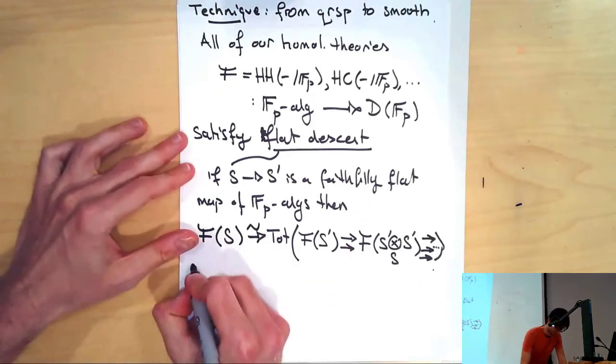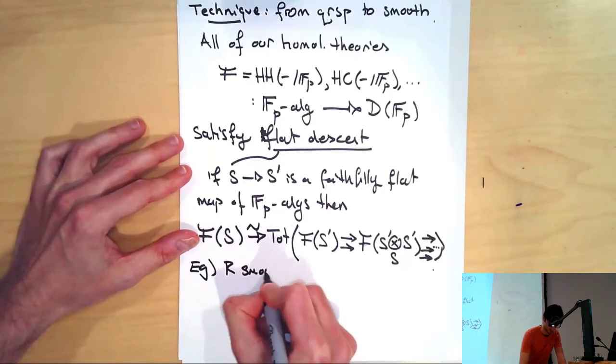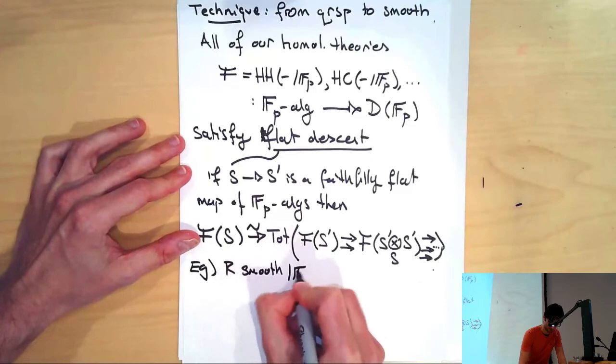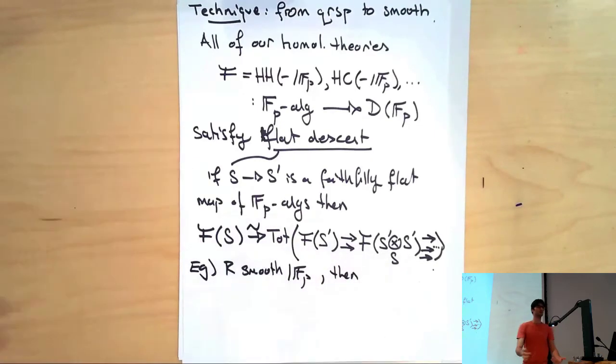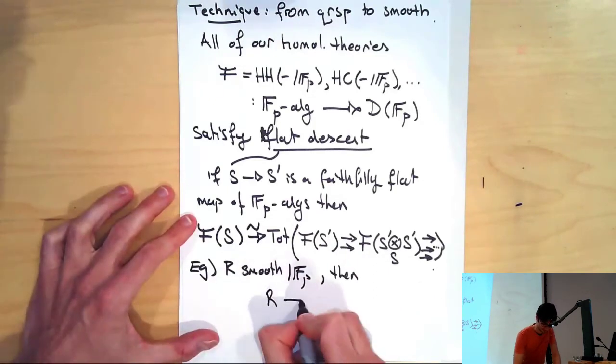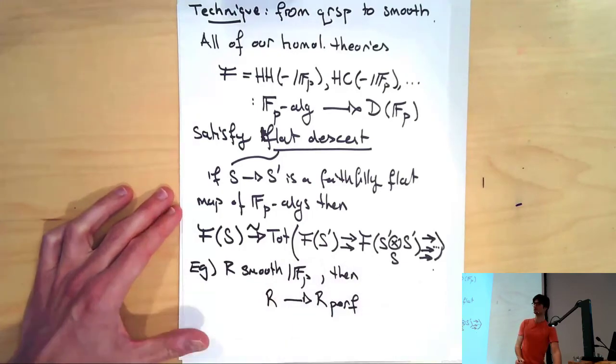So for example, and here somehow comes the key, if R is smooth over F_p, then we have a preferred faithfully flat cover, this map from R to its perfection.